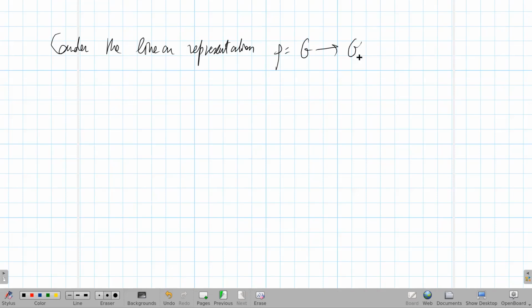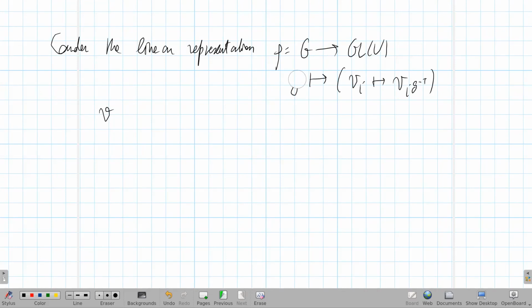And then consider the linear representation rho from G to GL(V). We send x, as I said, to the map that sends Vi to V_{i·x^{-1}}.